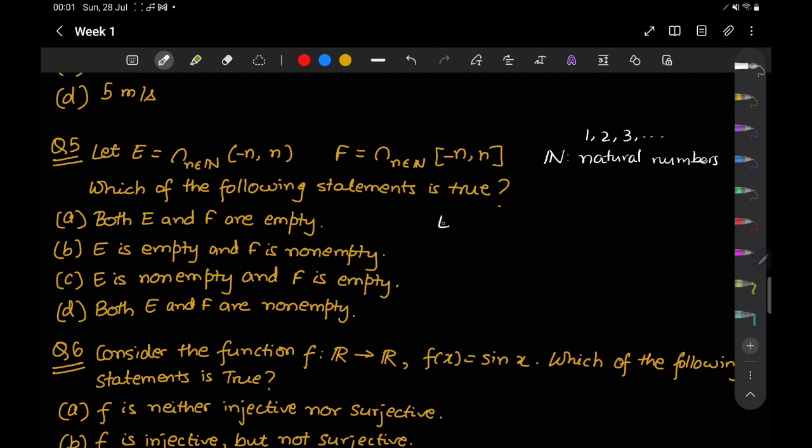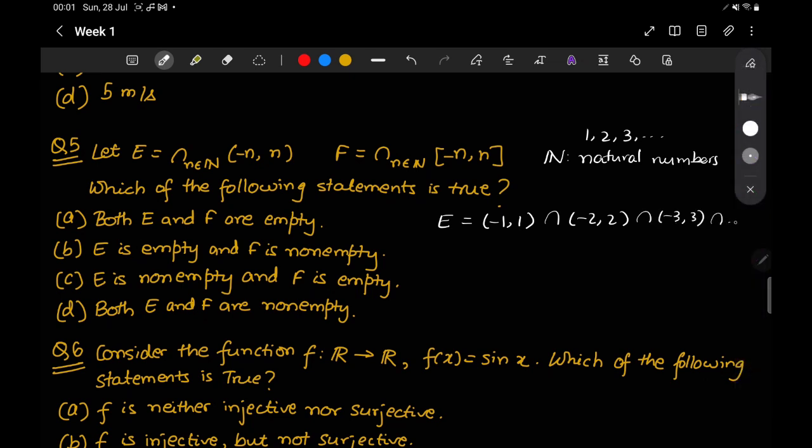Now this set E is actually n belonging to natural numbers and intersection of the form minus n to n. So that means it is the following. For n equals 1, minus 1 to 1, intersection minus 2 to 2, intersection minus 3 to 3, and so on and so forth.